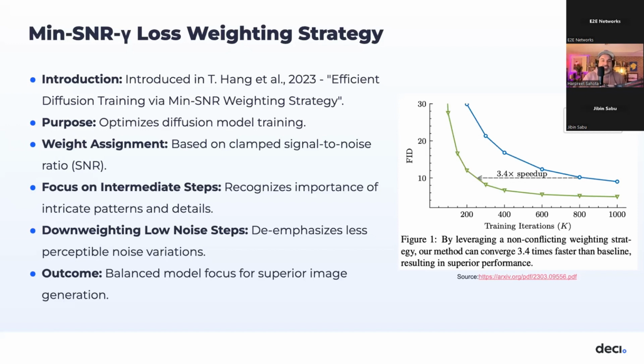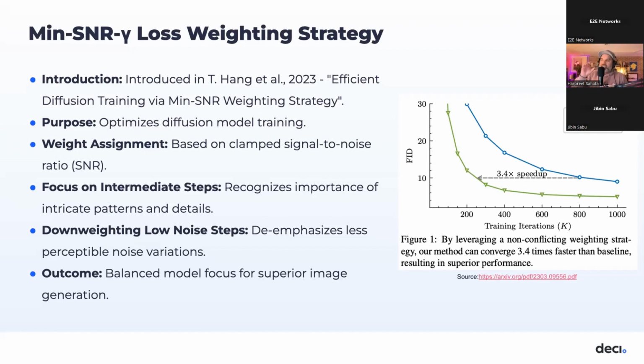And these are the things that you want your model to learn, right? And if we assign these intermediate steps greater importance through this weighting strategy, we're able to guide the model to focus more on those steps. And this, of course, is going to lead to more robust learning and a better understanding of the data distribution, just a better diffusion process.